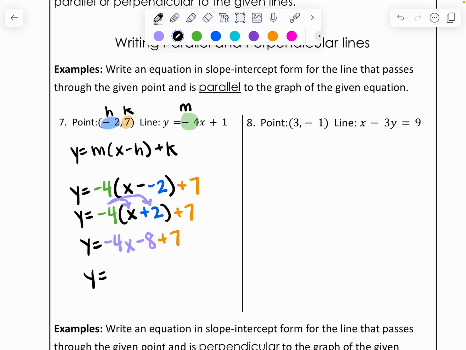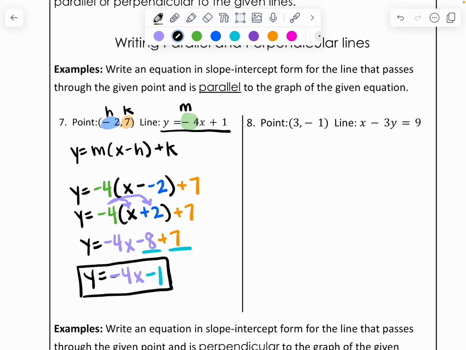Y equals -4x. Oops, -4x. And combine like terms would be my last step. -1. So this is the equation of a line that is parallel to the given equation because they have the same slope.